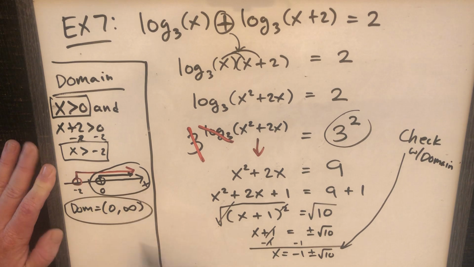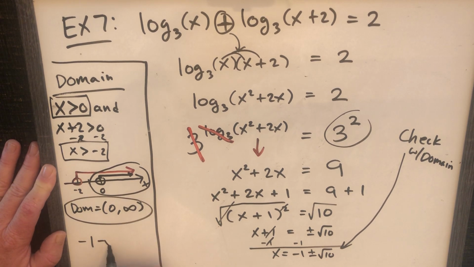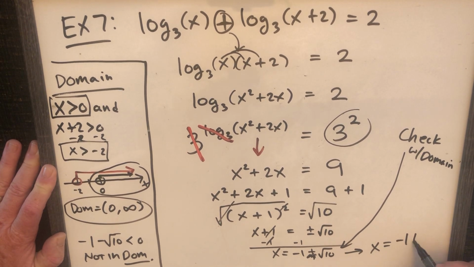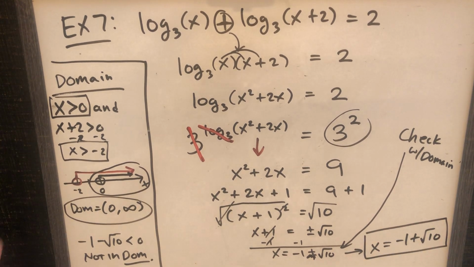All right, domain must be positive. -1 minus the square root of 10 is less than 0, so it's not in the domain. So we're going to throw that out, and we're going to keep only our positive solution. x is -1 plus the square root of 10.